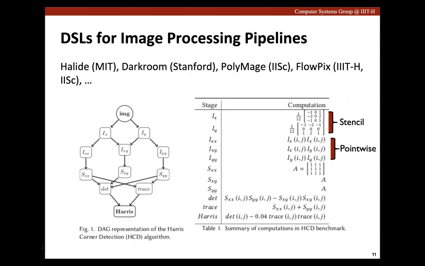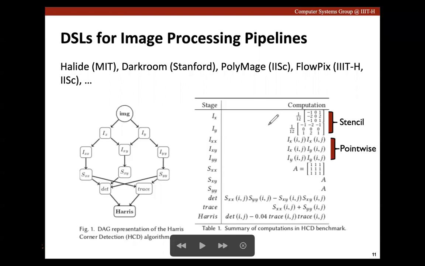Stage IXX is a point-wise stage where whatever input pixels you get, you just square them and generate the output image. Same is the case with IYY. And IXY takes two input streams, one from IX and one from IY, and then multiplies the corresponding pixels. This is what is happening here.